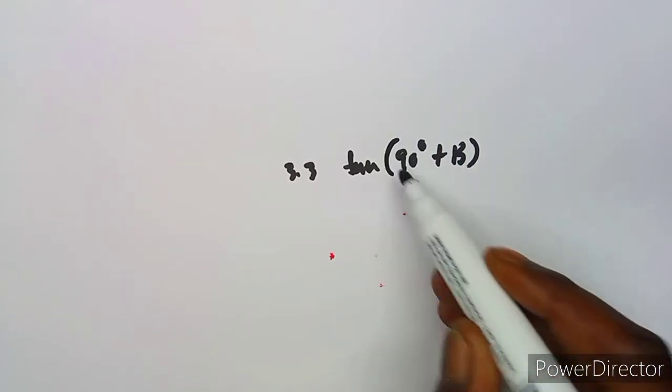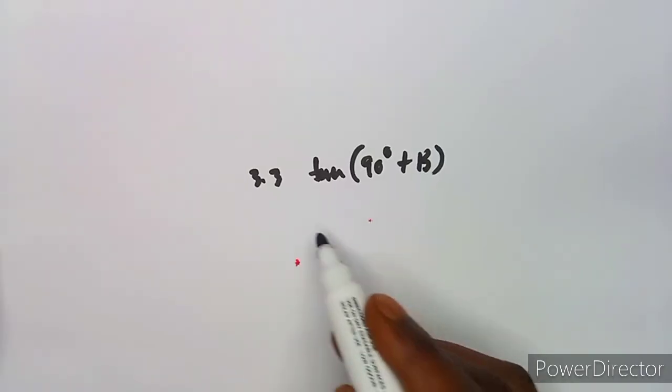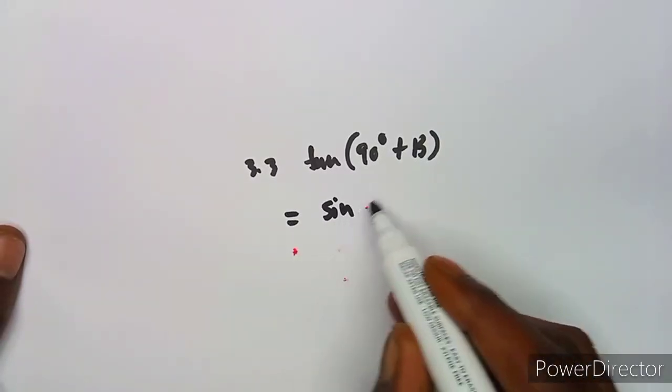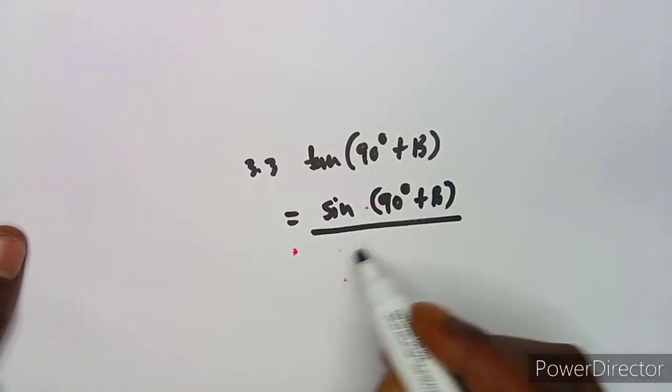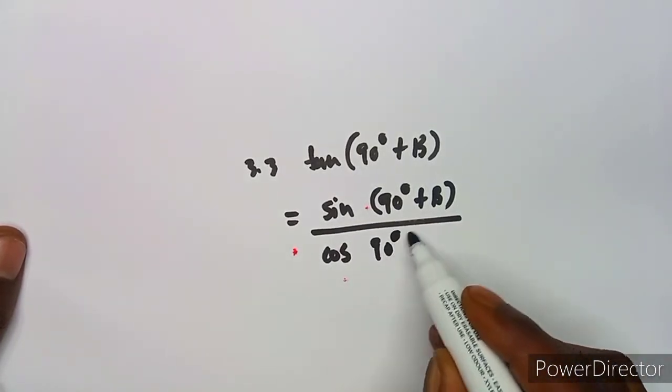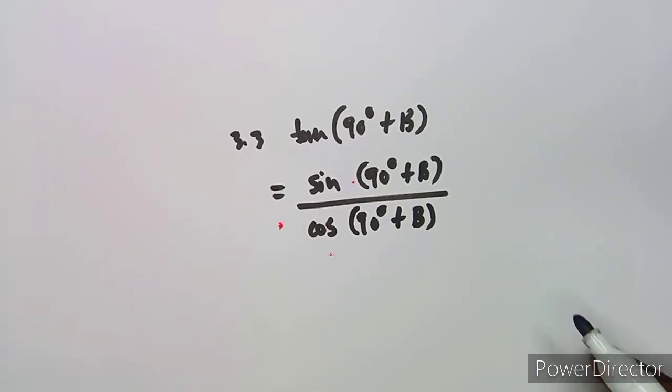So remember, guys, tan is the same as sine over cos. So this one we can just take as sine of 90 degrees plus b over cos of 90 degrees plus b, sine over cos, that is tan. Why choose these identities?